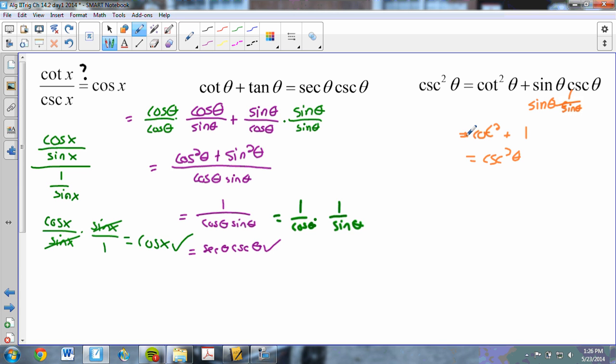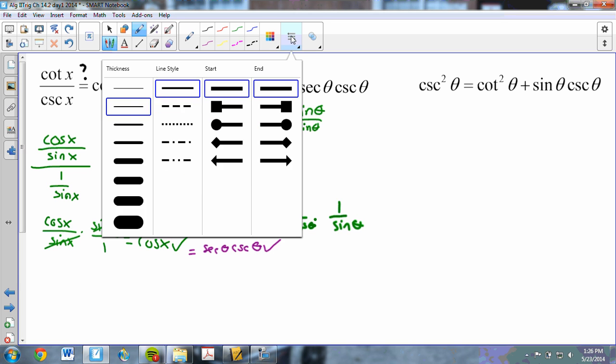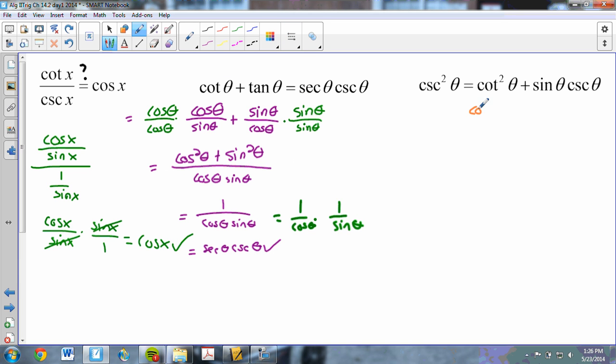Totally. It's one of our Pythagorean identities. Oh, that's right. In my other classes, what they did was cosine squared over sine squared plus sine times 1 over sine, and that gave us cosine squared over sine squared plus 1.